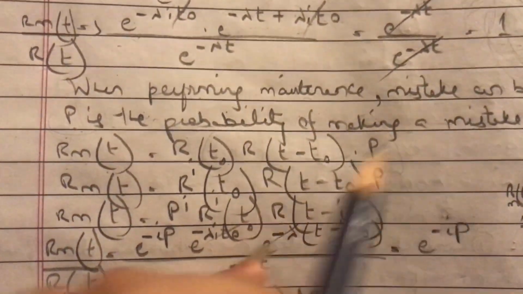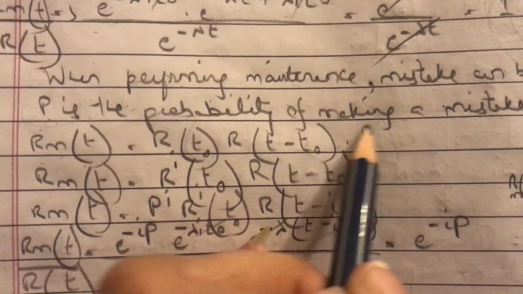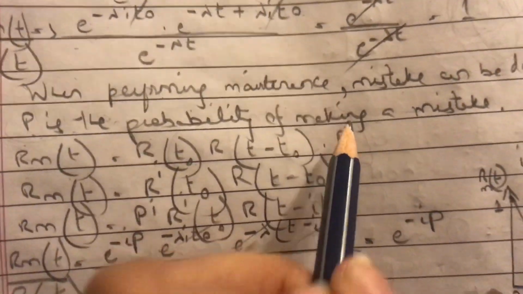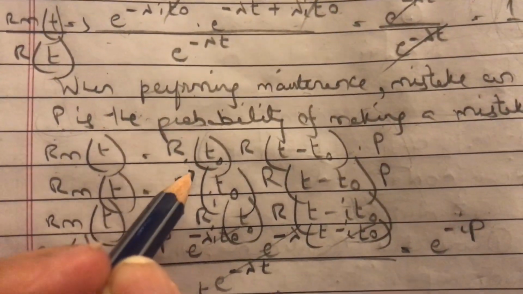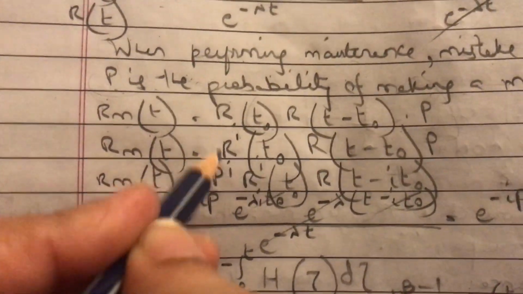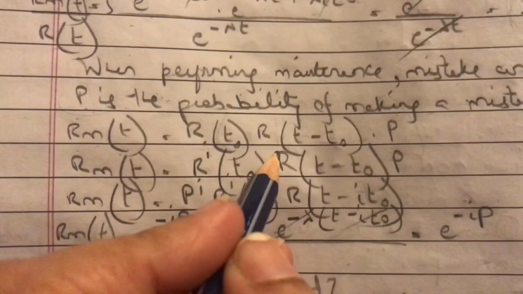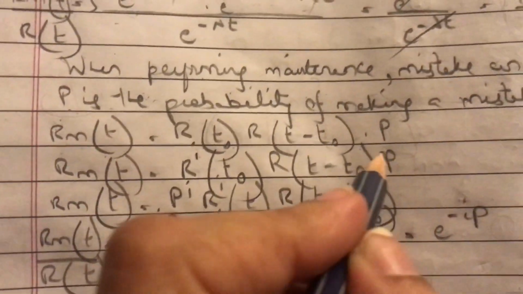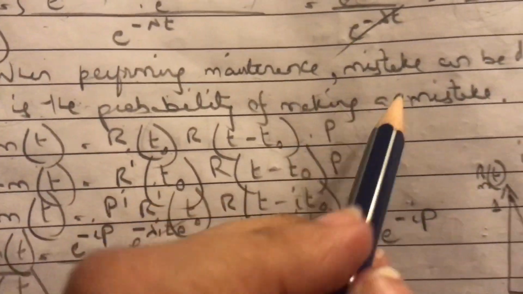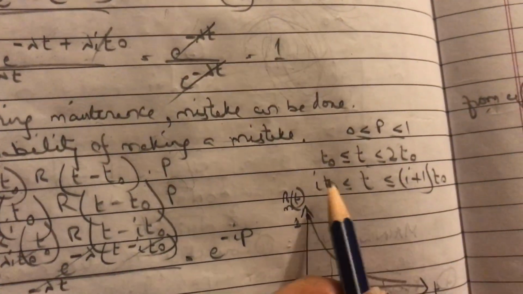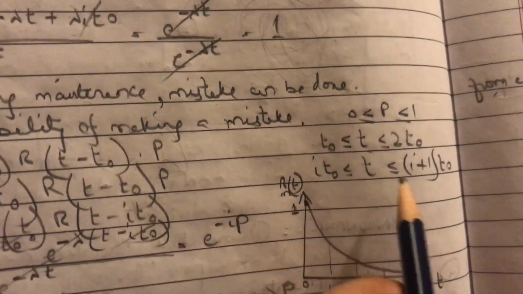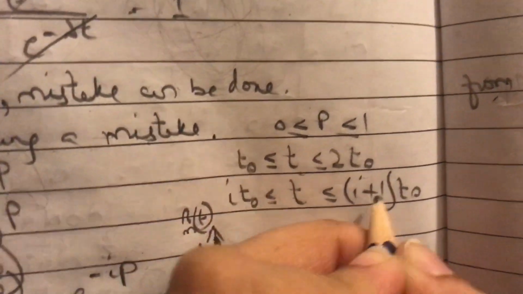We are talking about making a mistake, so that's why we multiply by P. P is the probability of making a mistake. In the same way, when we wrote it in the form of i, Rm of t equals Ri of t0, R of t minus t0, we also multiply by P here, the probability of making a mistake. So this was when t has the limit from i t0 to (i plus 1) t0.